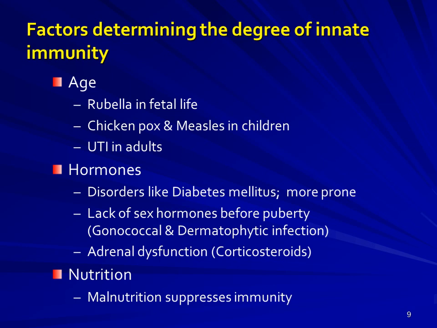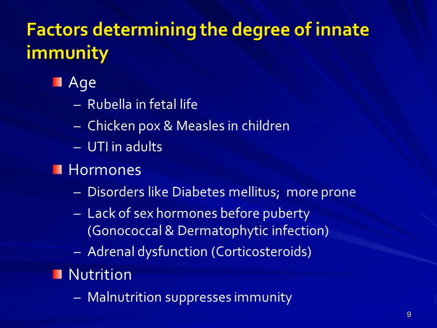And the hormones also have a role in the degree of innate immunity. In disorders like diabetes mellitus, where insulin deficiency is seen, these people are more prone to certain infections, like staphylococcal abscesses.